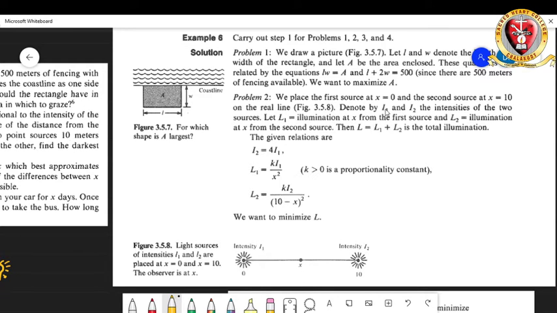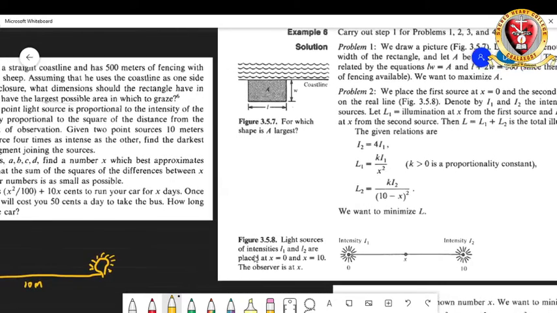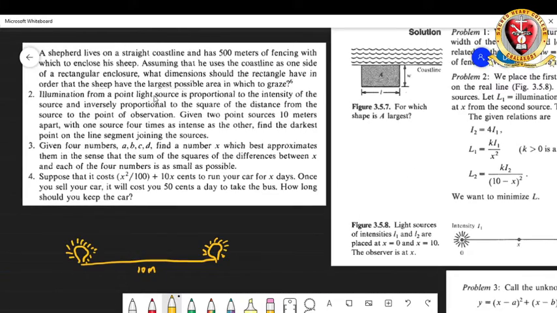Now we denote I1 and I2 as the intensities of the two sources. You take a point x in between the two bulbs.